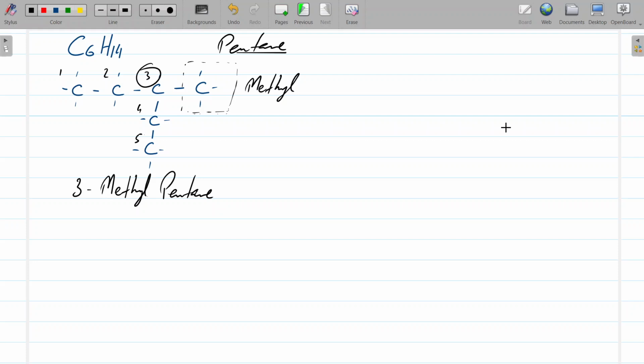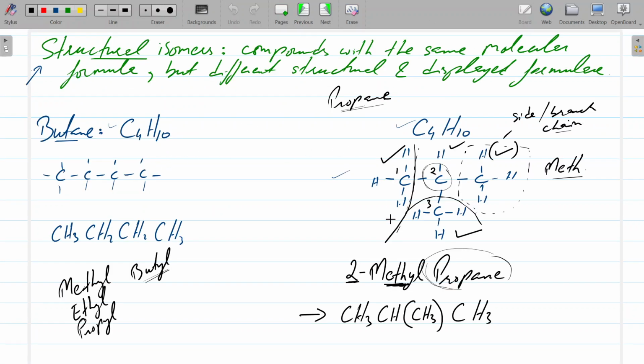Now, right, why do isomers matter? They matter because isomers have different properties. So for example, over here between butane and 2-methyl propane, the book mentions that the melting point for butane is minus 138 degrees centigrade, whereas the melting point for 2-methyl propane is minus 159 degrees centigrade.